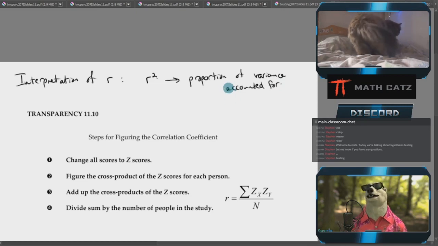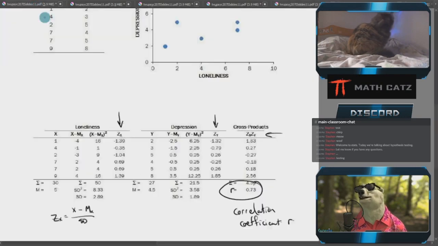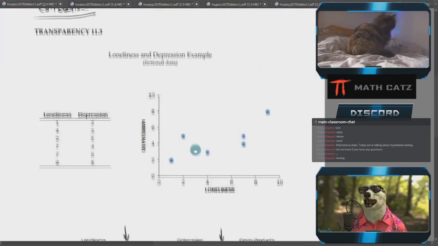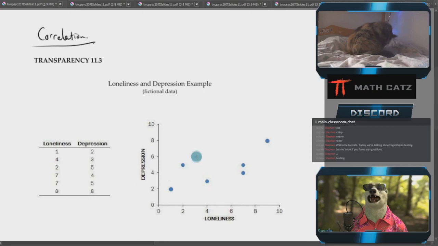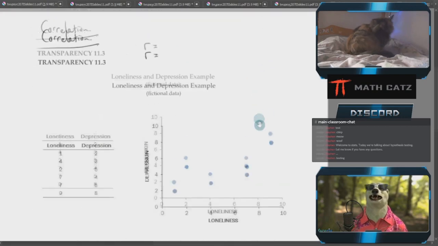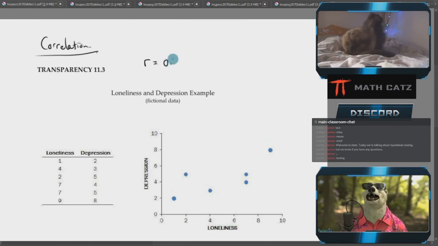That means that if I think about the first example, what did I measure there? Loneliness versus depression. My R is 0.73. Just as an example here, 0.73.